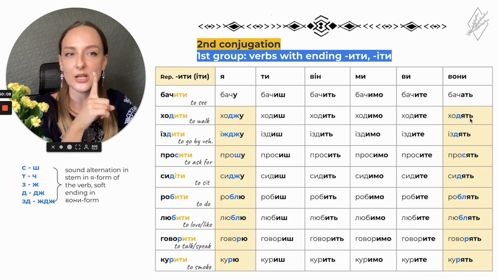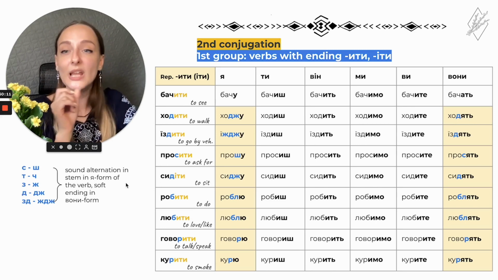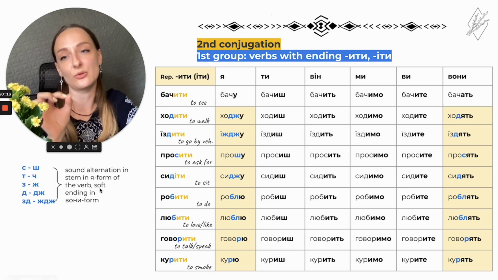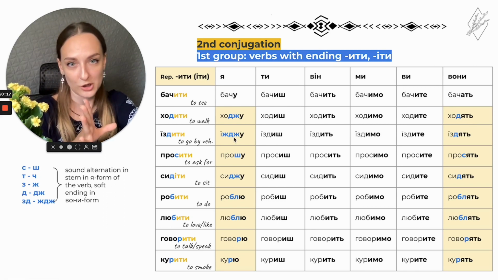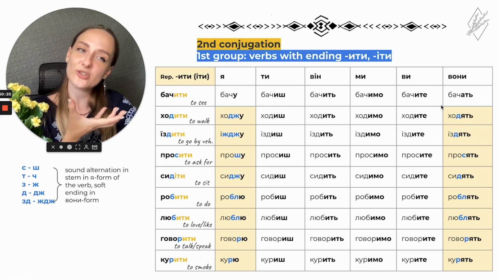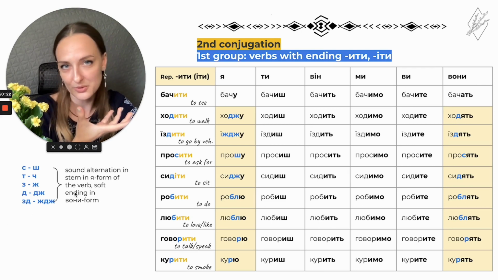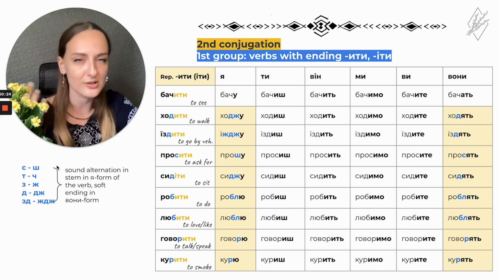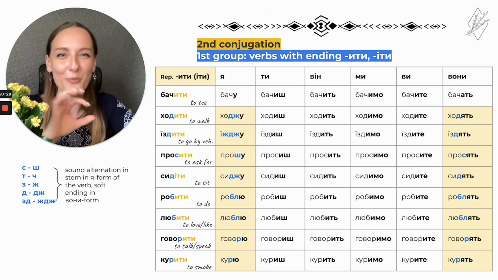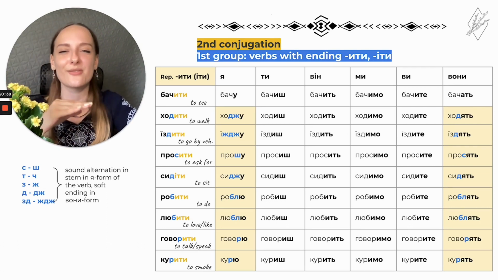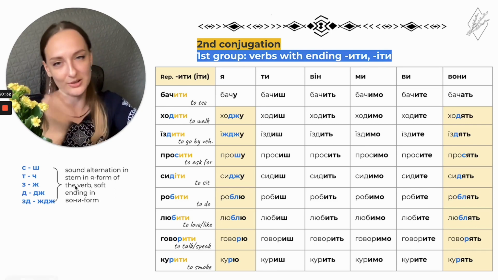Here we have this ending ять, because we need to use soft ending in вони form when we have the sound alternation. You may just remember the forms without memorizing this rule, and this is what I actually recommend you. But if you're a bookworm that likes to know everything about the grammar, here is the rule.